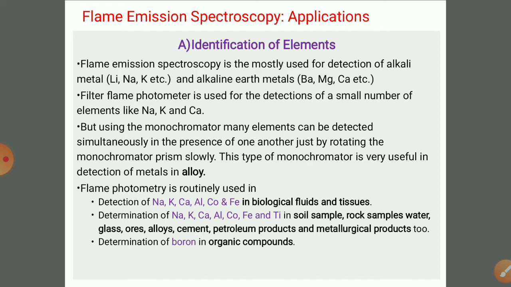So, in this type of materials, these elements are detected by using the flame photometry. The last one is that flame photometry is used for the determination of boron, which is present in the organic compounds.